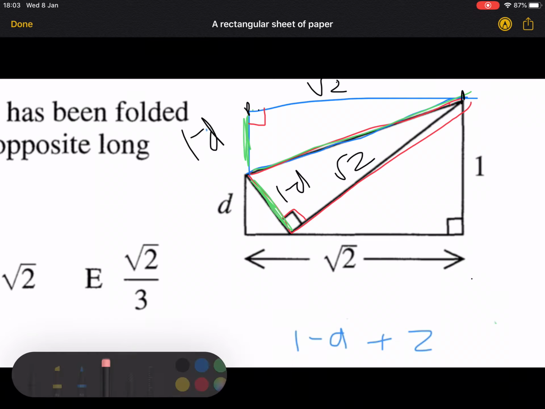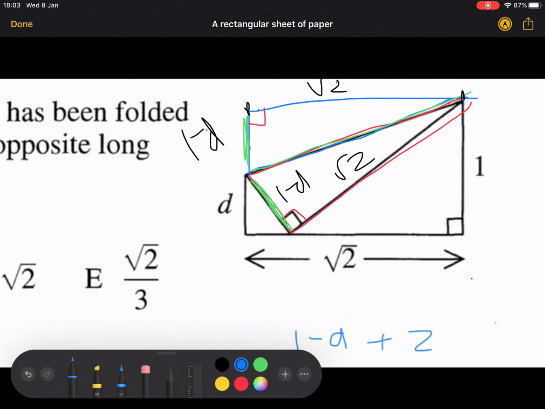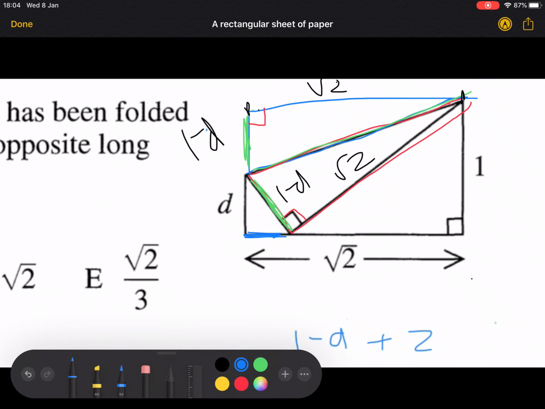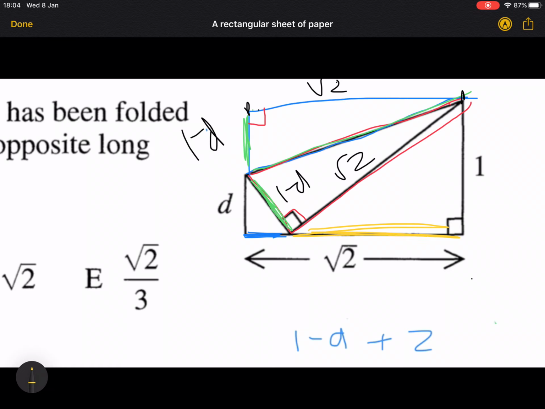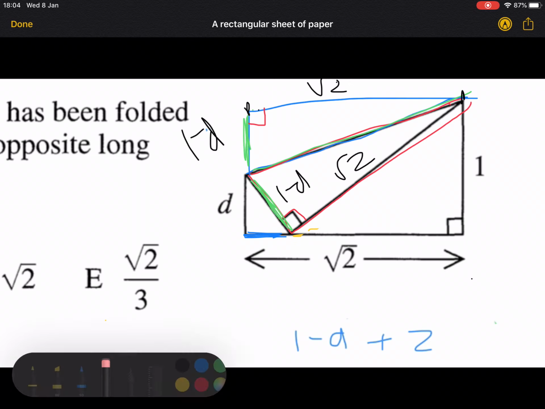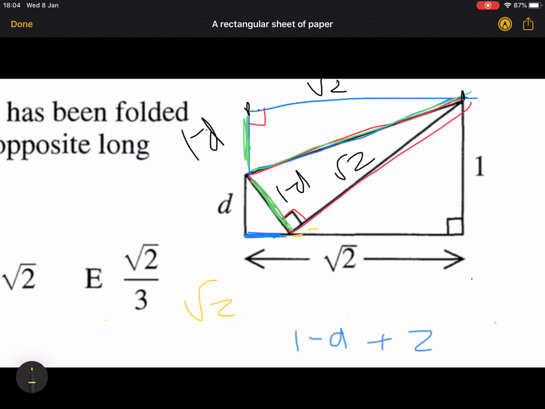Now we basically want to find the length of this blue side in order to make an equation that solves for D. To find this blue side, we have to find this yellow side, and we can find this yellow side by doing Pythagoras theorem. So we can do root 2 squared minus 1 squared.